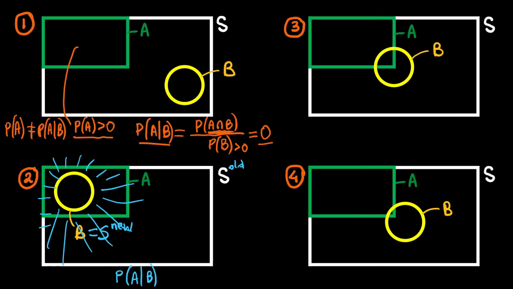Okay, and given that B is the new sample space, what's the probability of A? Well, A and B are identical here. So essentially we could even write this as the probability of the new sample space conditional on the new sample space, and that would be 1.